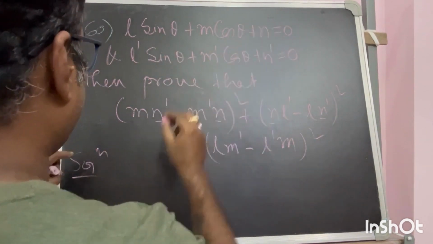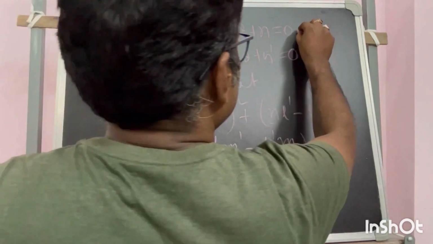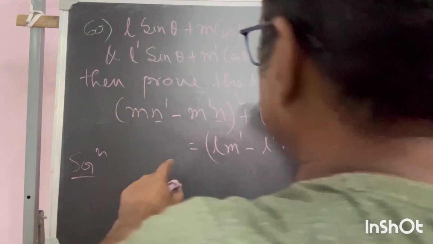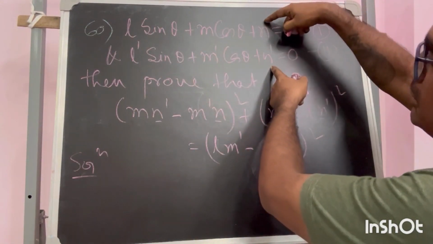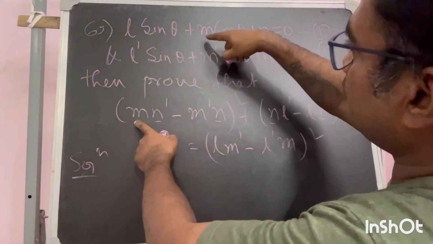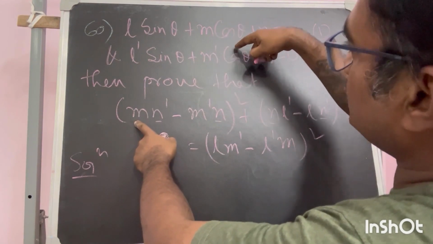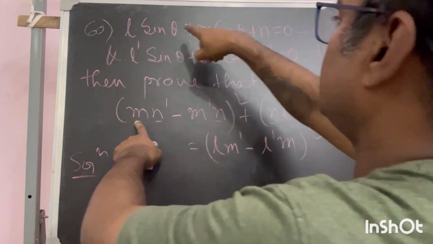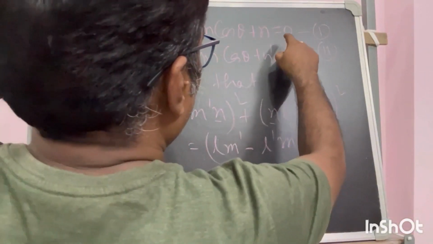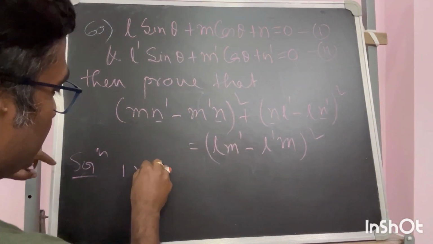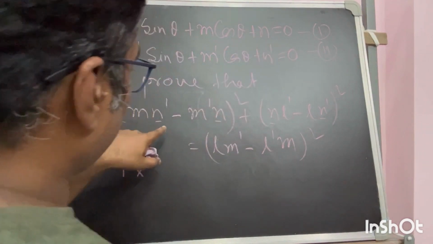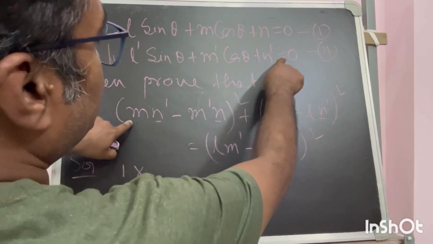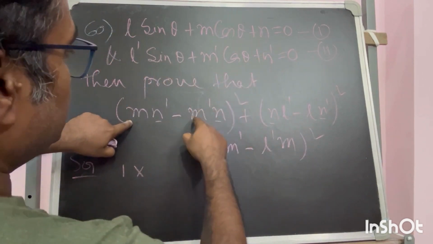So from that, if I assume this is the first equation and this is the second equation, how can this come together in both cases, which is the coefficient of cos theta and sin theta? This could come only if I do it in both cases. One case I will multiply 1 into the equation, now this has to come N dash with M, so I have to multiply this with M and 1 with the M dash.